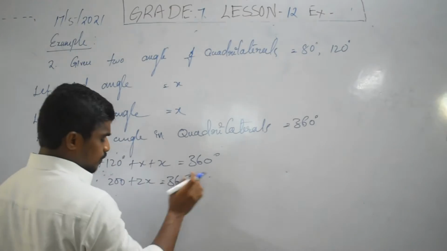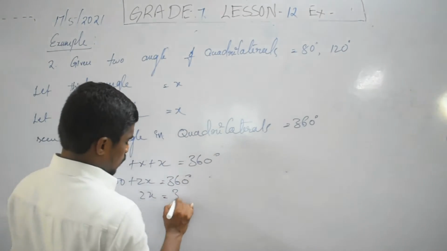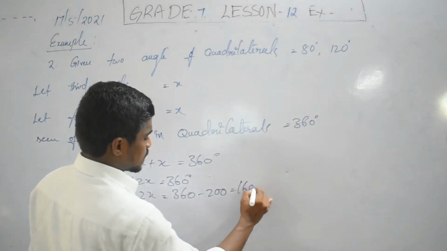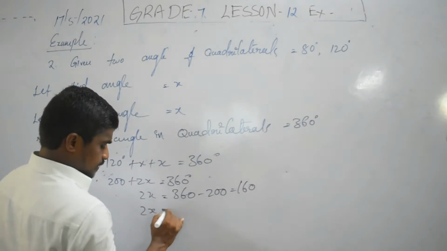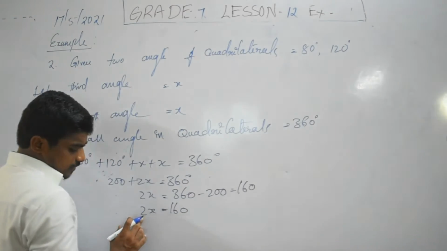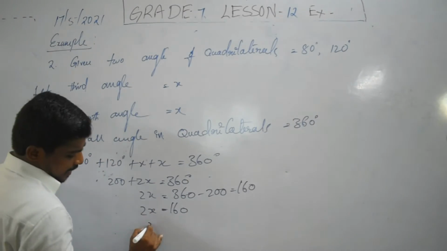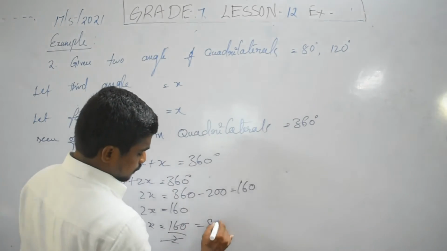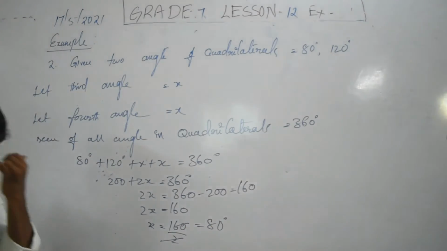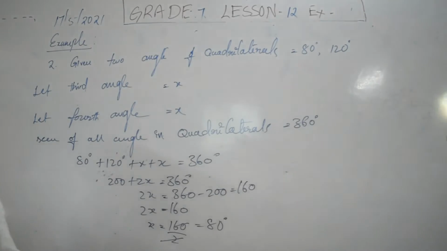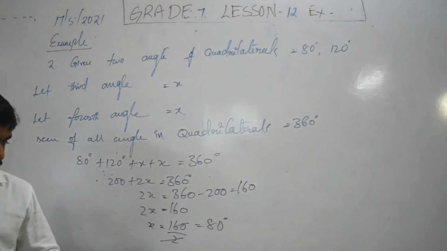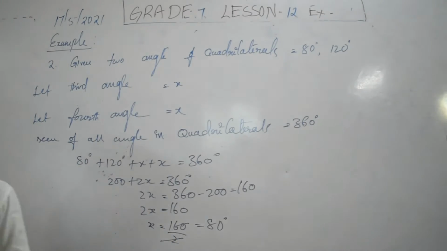Now moving 200 to this side, 2x equals 360 minus 200, which is 160. Now 2x equals 160. Moving the 2 to this side, x equals 160 by 2, which is 80. So the third angle is 80 degrees, and the fourth angle is 80 degrees. So totally 160 degrees for those 2 angles.